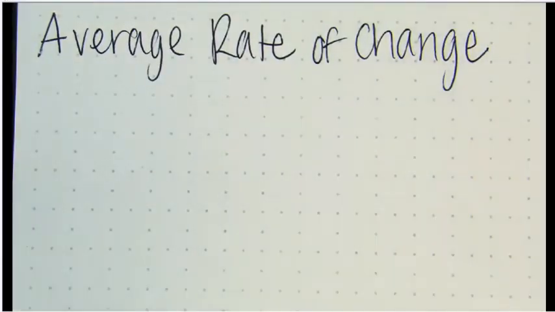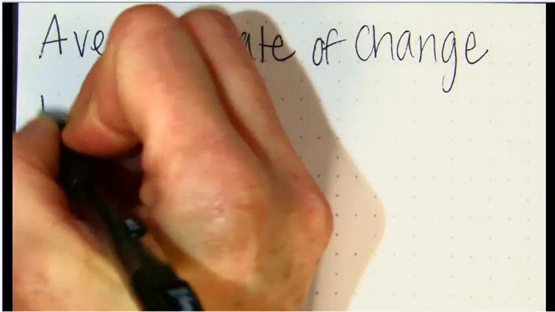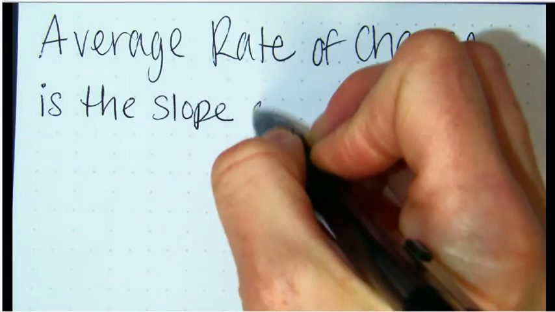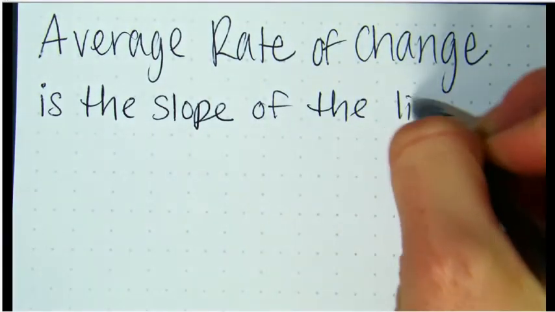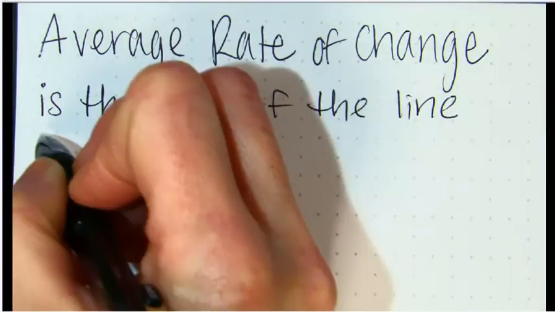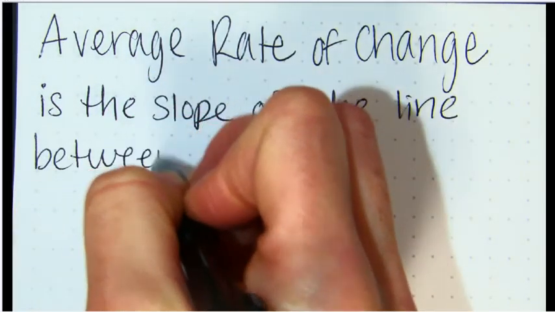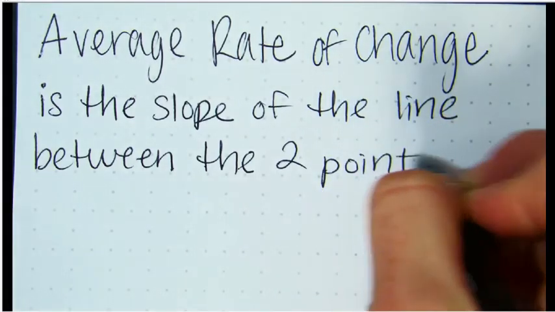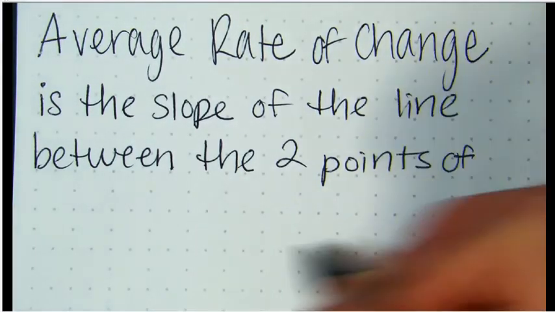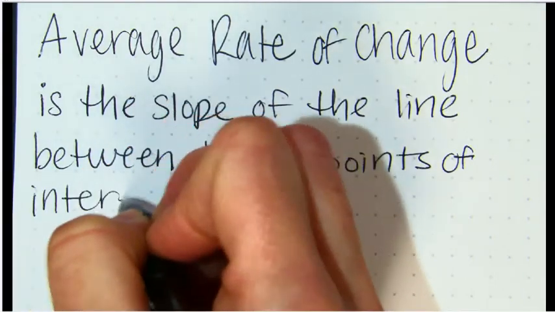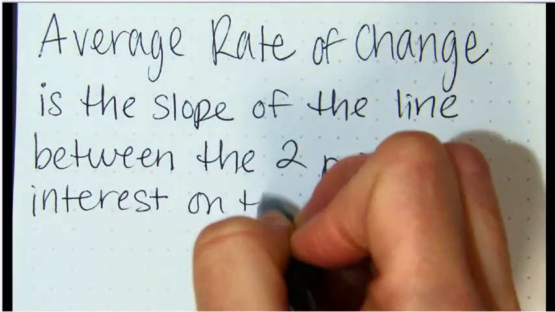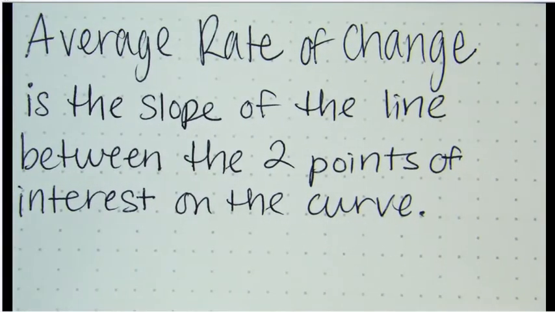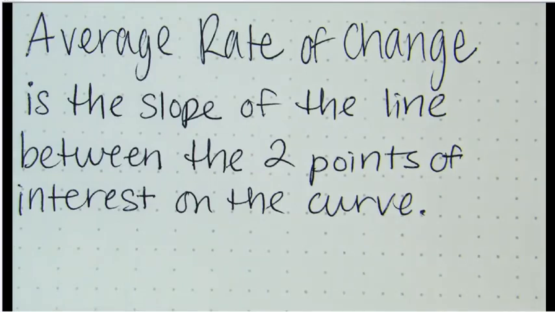Okay, and the average rate of change is the slope of the line between the 2 points of interest on the curve. So it's the slope of the line between the 2 points of interest.